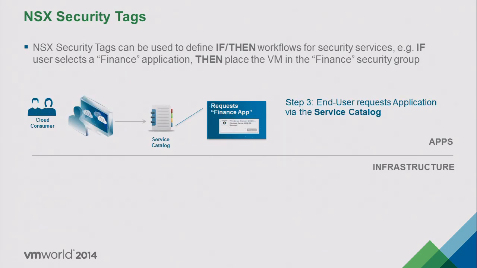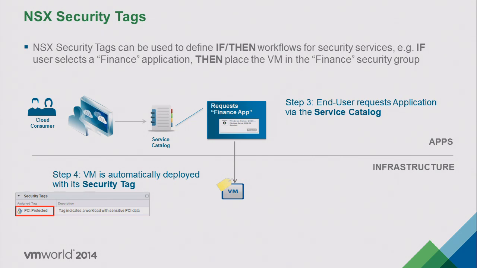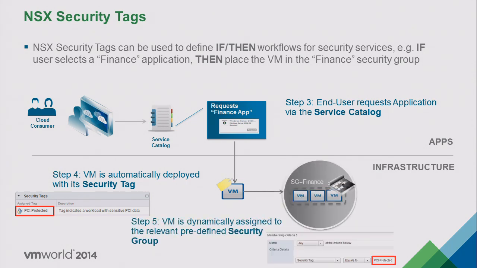From there, the end user requests that multi-machine blueprint, goes out to the service catalog and selects it. Then the VM is automatically deployed with its security tag, as you can see in the screenshot from vSphere. And then, of course, step 5 is the VM is dynamically assigned to the relevant security groups that are being built dynamically in the background.